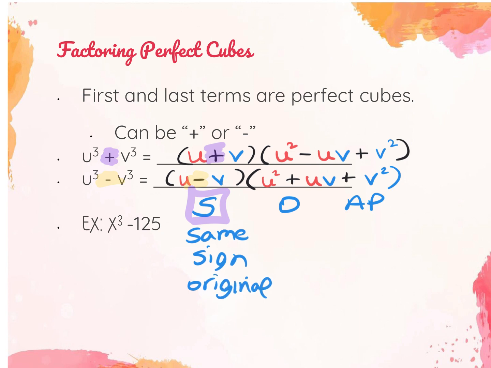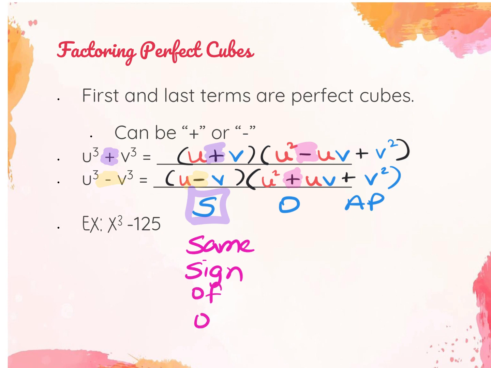Then the second sign that you're going to write is going to be the opposite of the original. So this sign that's here is opposite of the original sign. So this will be, oh my goodness, what happened there? Let me fix that. Same sign of the original.